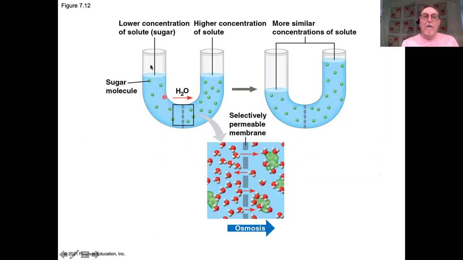Here's the setup. We've got a U-shaped tube here, and here we have a semi-permeable membrane, a selectively permeable membrane. What it is selecting is that it's going to allow water to pass across it quite freely, but it's not going to allow salts and things to pass across it easily. So here we have our experimental setup.